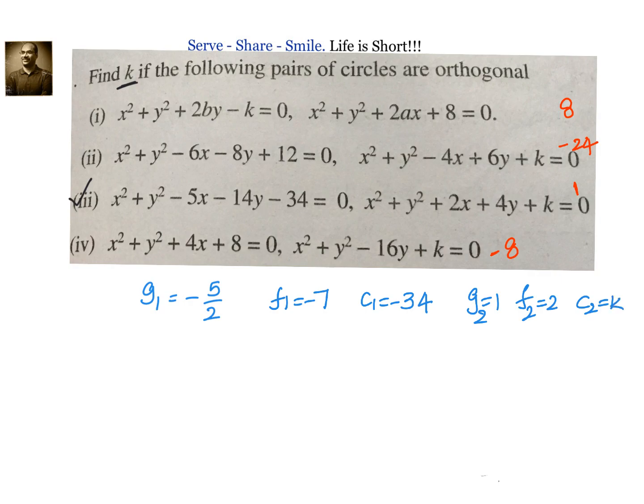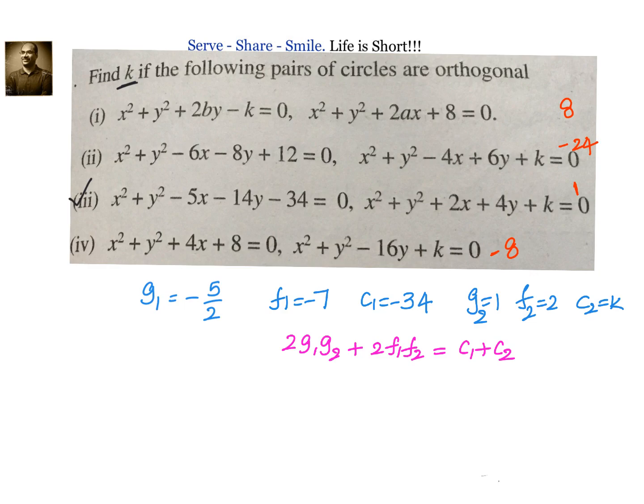What is the formula we have to substitute? The condition for orthogonality is 2 g1 g2 plus 2 f1 f2 equals c1 plus c2. In some textbooks, instead of g1 g2 they use g into g dash. Anything is pretty much fine.